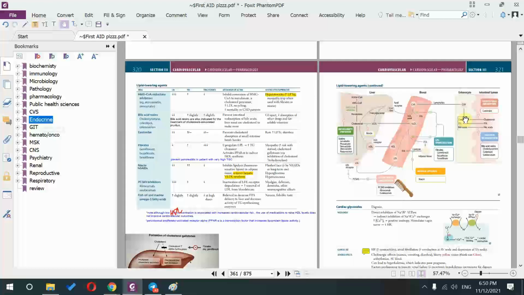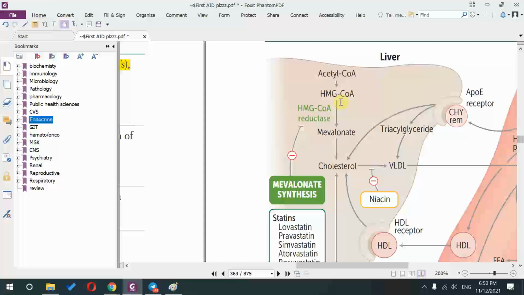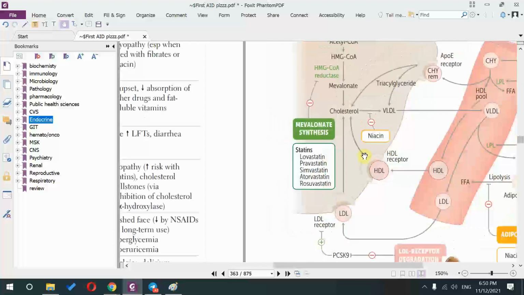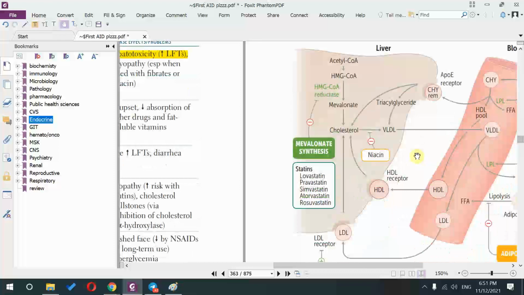You can notice here the same idea: acetyl-CoA becomes HMG-CoA, which becomes mevalonate, which eventually becomes cholesterol. You're like, okay, what is the big deal? Well, do we want more cholesterol in our body, or do we not want more cholesterol in our body? Well, actually, the answer to this question is, it depends. Is cholesterol important for our life?